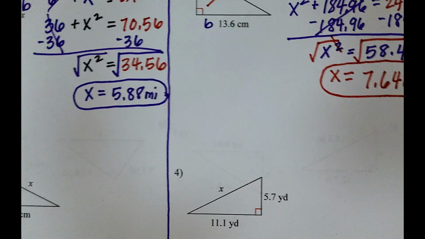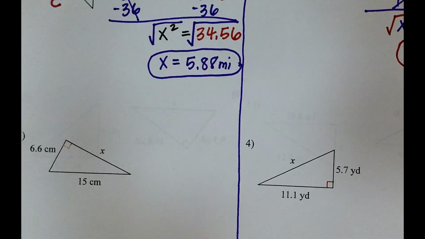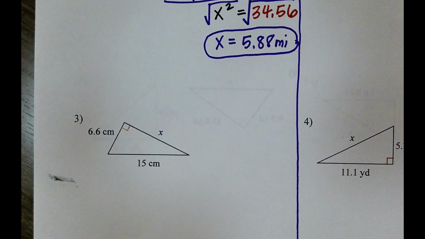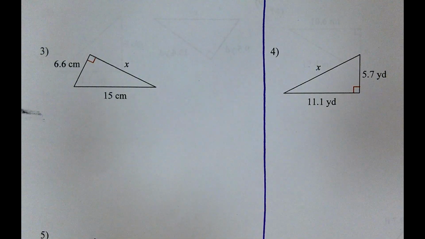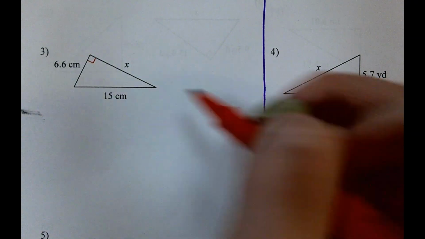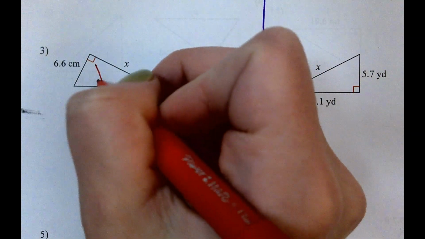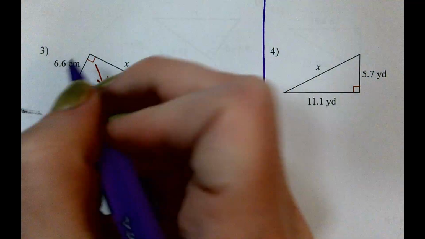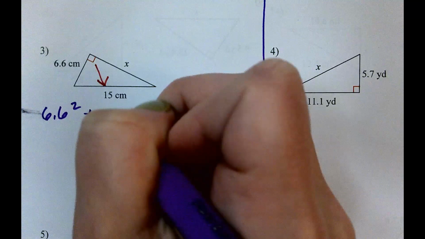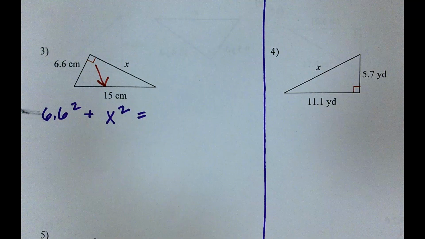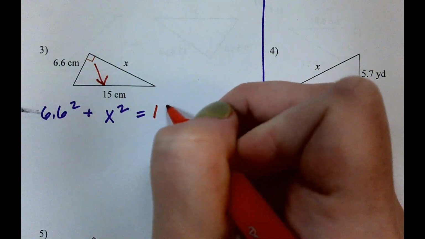Let's do one more together. We'll do number 3, and then I'll give you some time to try them on your own. 6.6 squared plus x squared equals 15 squared. Good. 6.6 squared plus x squared equals 15 squared.